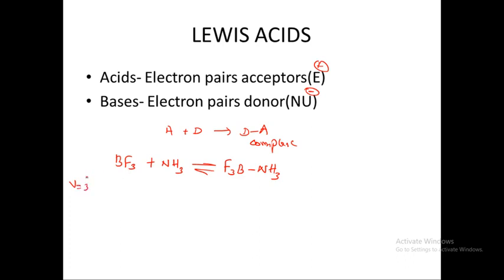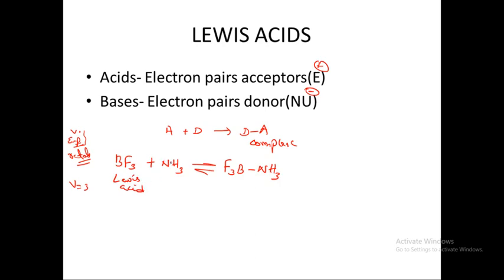So it makes 3 bonds, but this boron has an empty or vacant orbital which has the capacity to accept electrons in order to maintain the octet configuration. So it has the ability to accept a pair of electrons. So it behaves as a Lewis acid.